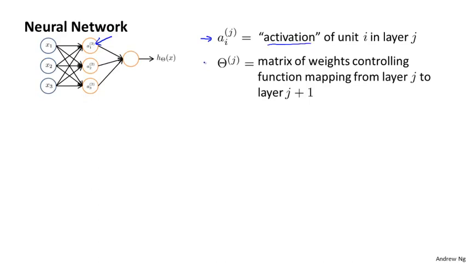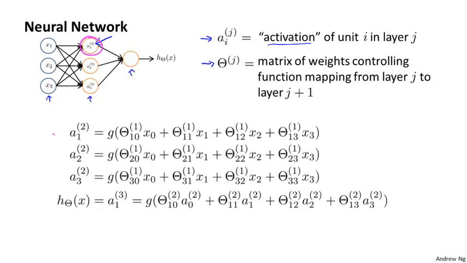In addition, our neural network is parameterized by these matrices theta superscript j, where theta j is a matrix of weights controlling the function mapping from one layer, maybe the first layer to the second layer, or from the second layer to the third layer. So here are the computations represented by this diagram.